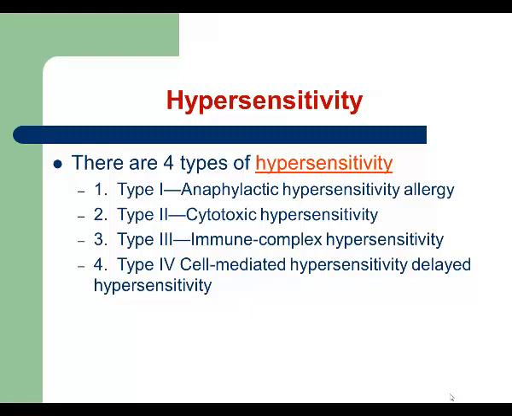In this case, the immune system makes antibodies against our own cells. Type 3, or immune complex hypersensitivity reactions. In this case, the immune system makes antibodies against antigen-antibody complexes. And finally, type 4, called cell-mediated hypersensitivity, also known as delayed hypersensitivity.